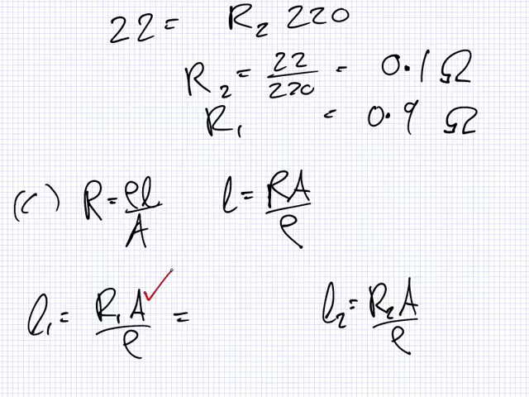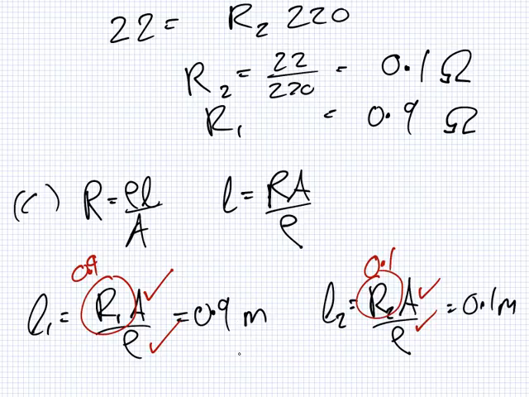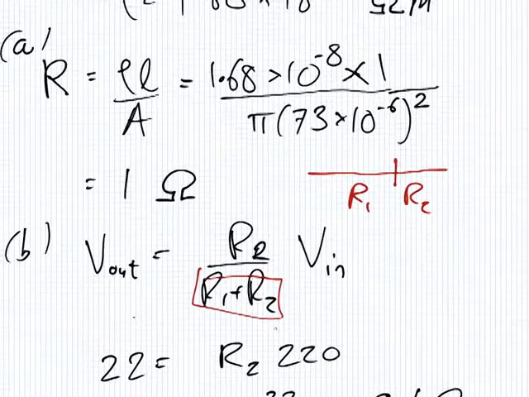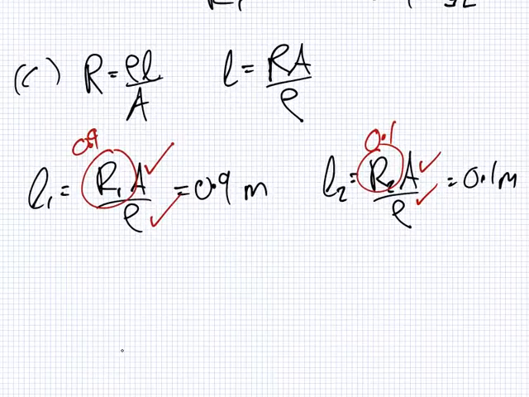The A is the same, the rho is the same. Here R1 is 0.1, and here R2 is 0.9. Putting the numbers in, this becomes 0.9 meters and 0.1 meters. Is it a coincidence? No, I made the question so that would happen, but it doesn't normally happen like that. I did that on purpose.